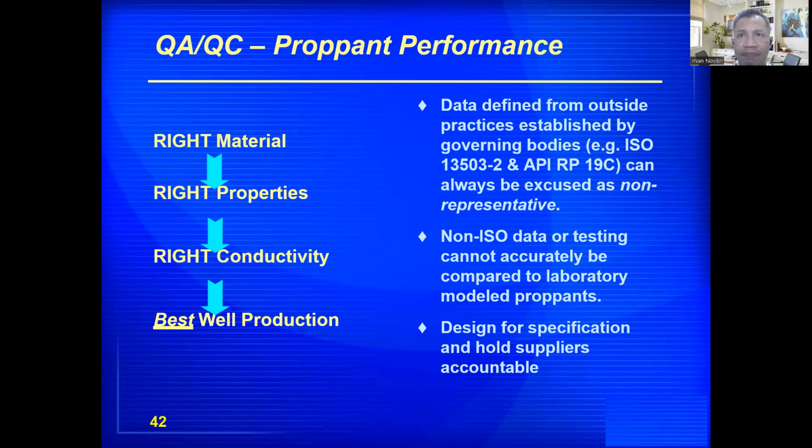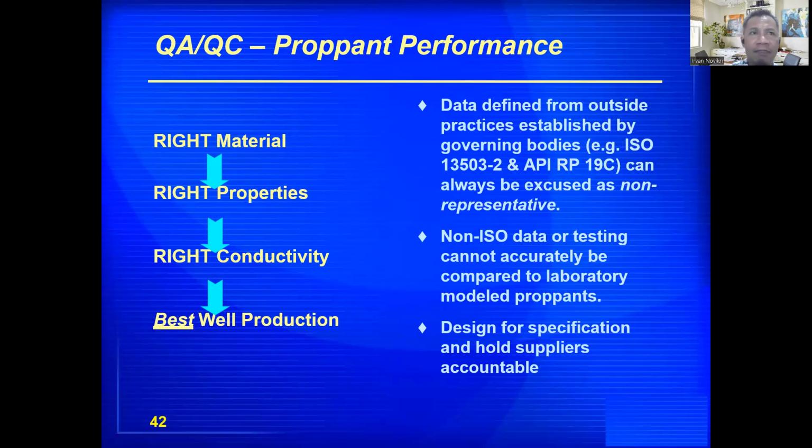When you look at proppant performance, you have data that is defined from industry practices, and these are established by governing bodies. ISO stands for the International Organization for Standardization, and the guideline is published in publication number 13503-2, and the old API recommended practice is 19C.